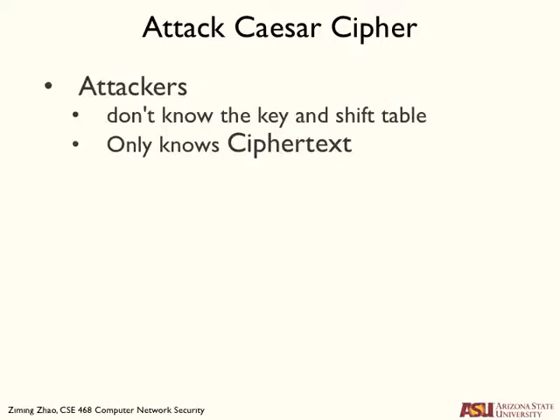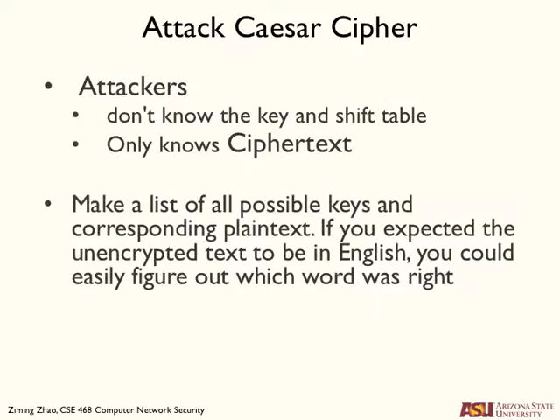So how can we attack this Caesar cipher? It's not very difficult, actually. We are using a very strict model here, the ciphertext only model. So we assume the attacker only knows the ciphertext. And obviously, the attacker doesn't know the key and also the shift table. So what the attacker can do is just make a list of all possible keys.